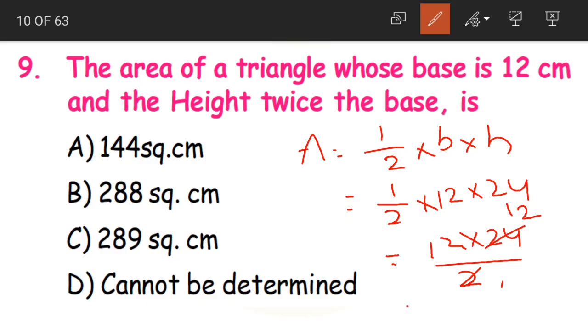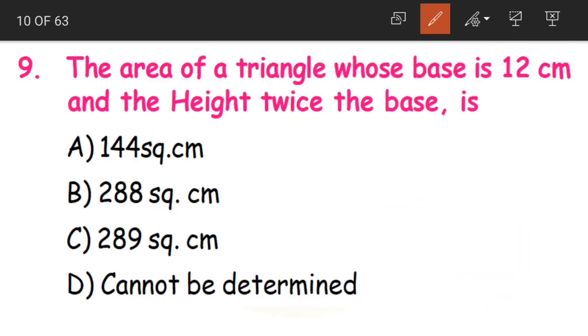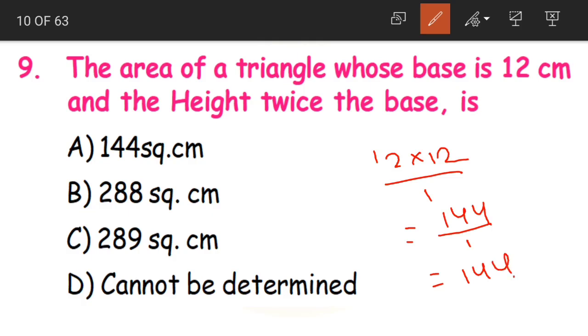We are left with 12 into 12 divided by 1. 12 into 12 is 144, divided by 1 is equal to 144 only. And coming to the unit of measurement, as it is area, we write square, and the measurement is given in centimeters. So square centimeters.